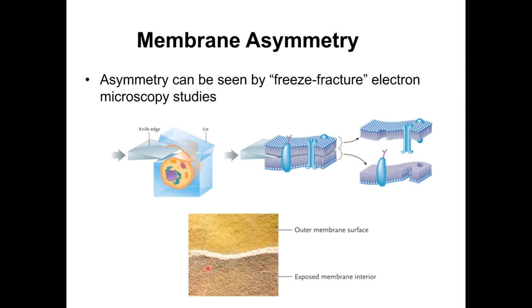These bumps here are basically proteins embedded in the phospholipid bilayer. And so you can see they're much more frequent, for example, in this case, in the membrane interior, so in the inner part of the membrane, this one. Whereas on the outer layer, there are fewer proteins, clearly showing how the membrane is asymmetric.